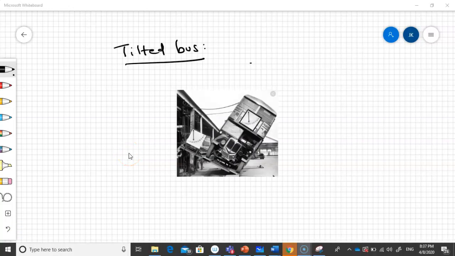Here is another example, the tilted bus. Is it balanced or not? So how will we know? First, we find the center of gravity, which would be closer to the base.